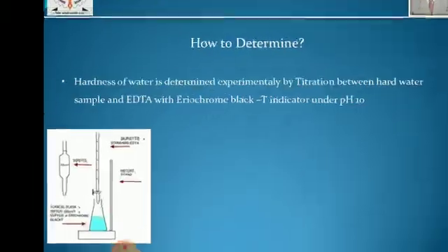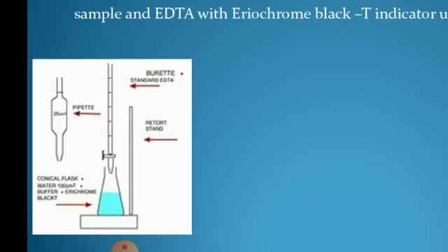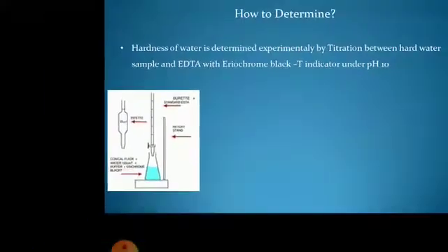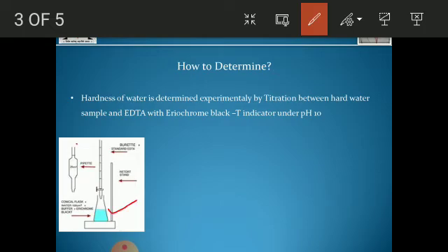So this is the experimental arrangement. All of you know the arrangement of a titration experiment. There is a conical flask. In this conical flask, we have to take a water sample using a pipette, maybe a 10 ml or 25 ml pipette.